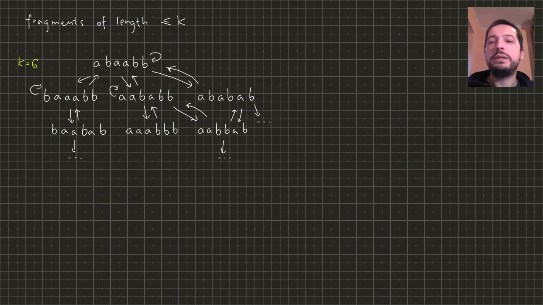So now we can see that this picture looks like a graph. And in fact, if we treat each string as a vertex and each swap joining two vertices as an edge, we have a graph.